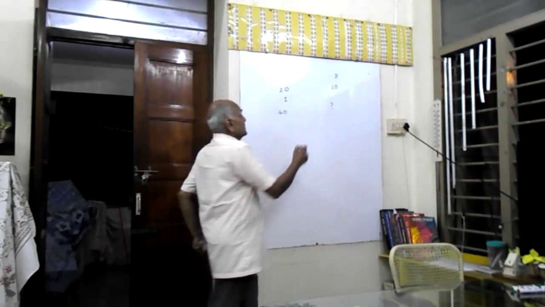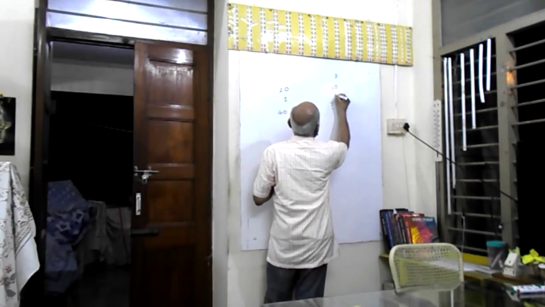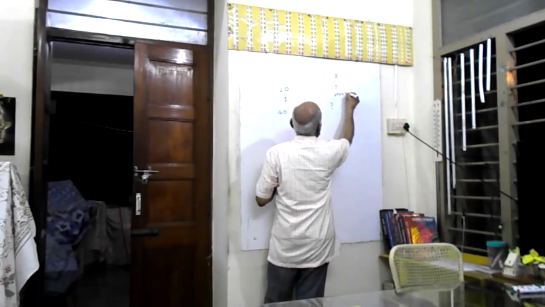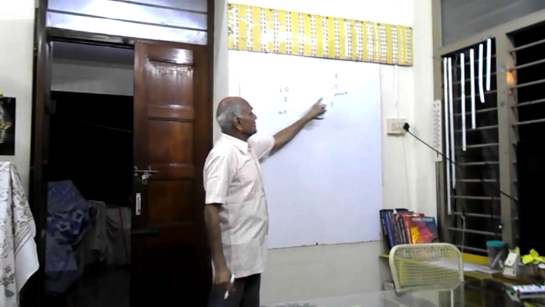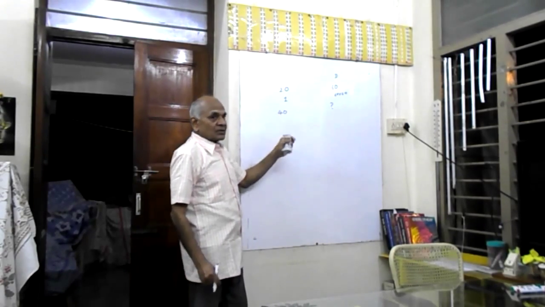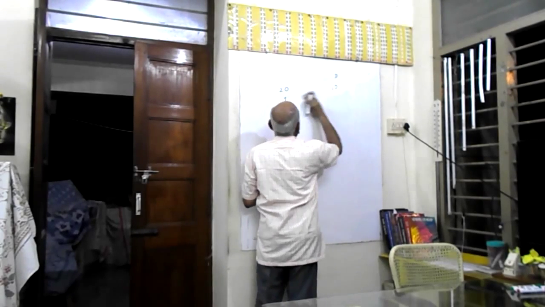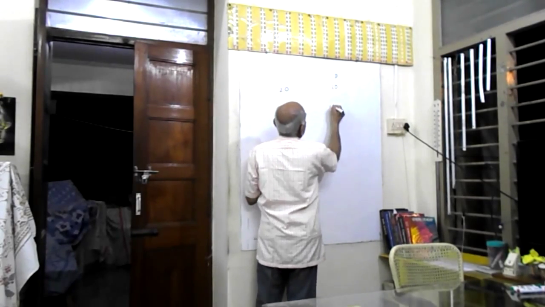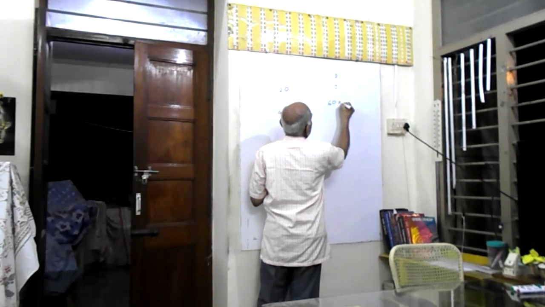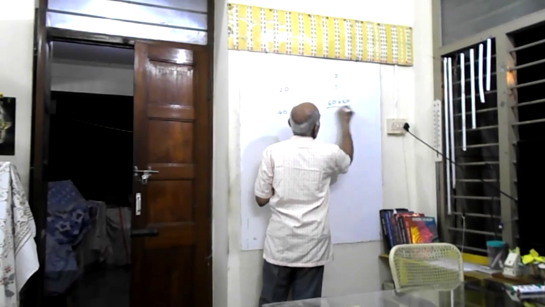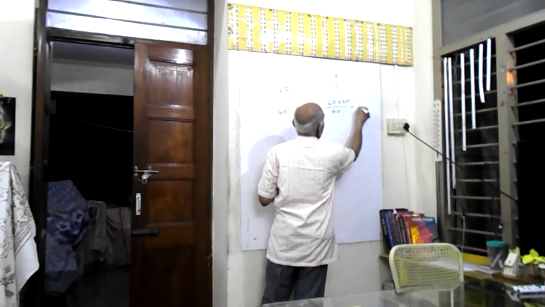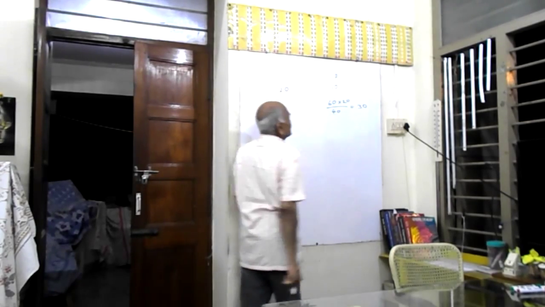One worker will take 60 times 20. Then one worker will take these many days. Then for 40 workers, the number of days will become much less. So it will become 60 times 20 by 40. You will get 30 days.